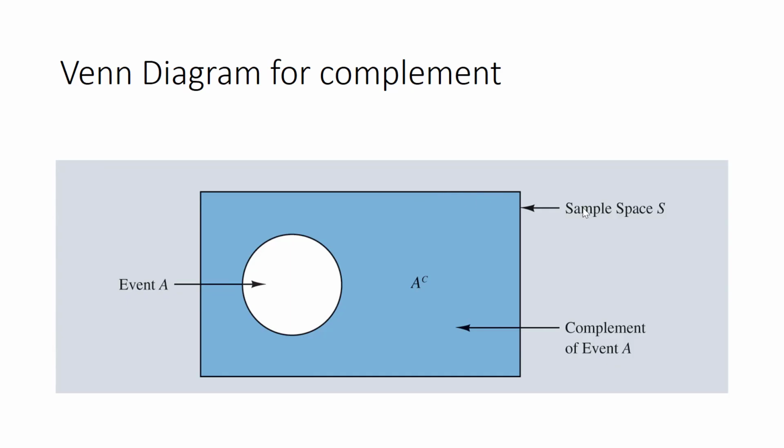The square corresponds to the sample space, so all possible events, and then the different events can be denoted with circles, and by putting the circles appropriately, we can get a visual representation of complements and other things that we're going to see later on. So for the case of the complement, the white circle is event A, and the blue area is A complement. So everything that is in the sample space and is not in A, right? So that's a nice visual.